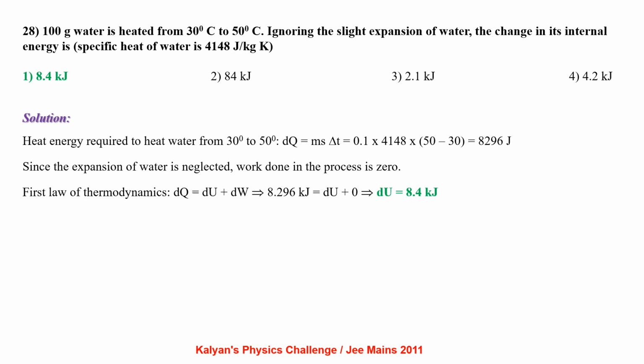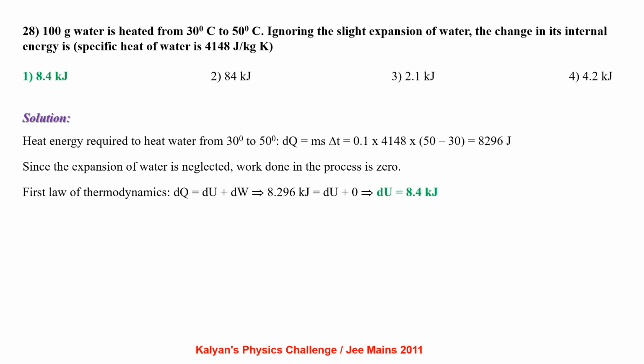100 gram water is heated from 30 degrees centigrade to 50 degrees centigrade. Ignoring the slight expansion of water, the change in its internal energy is. Specific heat of water is 4148 joule per kg Kelvin. Now the heat required to take the temperature of water from 30 degrees centigrade to 50 degrees centigrade is given by dq equal to ms delta T. Mass is 0.1 kg, specific heat is 4148, the temperature difference being 20.